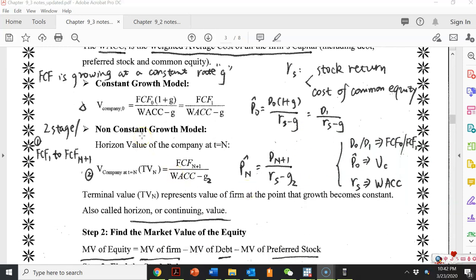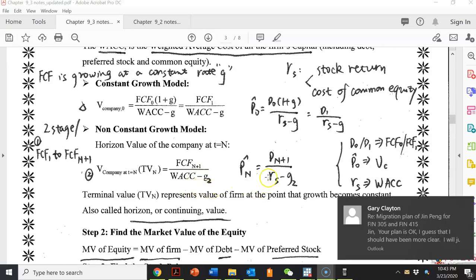For the non-constant growth version of this corporate valuation model, we need to discount free cash flow in the first stage one by one. And for the second stage, we need to solve for the horizon value, which is VN, the company value at time N. We can also use TVN, the terminal value at time N, equal to free cash flow N plus 1 over WACC minus G2.